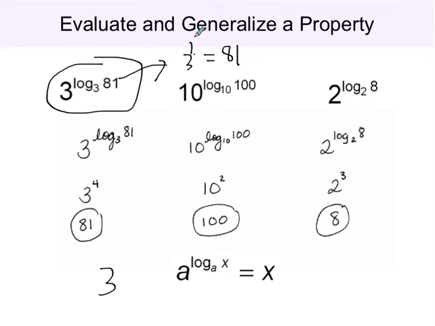Whatever that exponent is that we get, put that on the 3. So what we're going to get out is just 81 because it's saying put whatever exponent on this 3 that will give me 81. Therefore, the answer is 81. So again, a to the log base a of x is x. Add that to your property list.